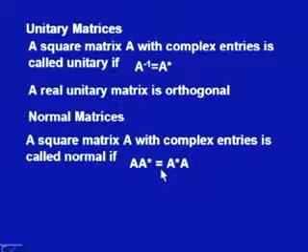The difference here is that if A A star is equal to A star A is equal to identity, then we can write A inverse is equal to A star, but still the product may not be identity, but still these two products are equal, and then we say the matrix A is a normal matrix.